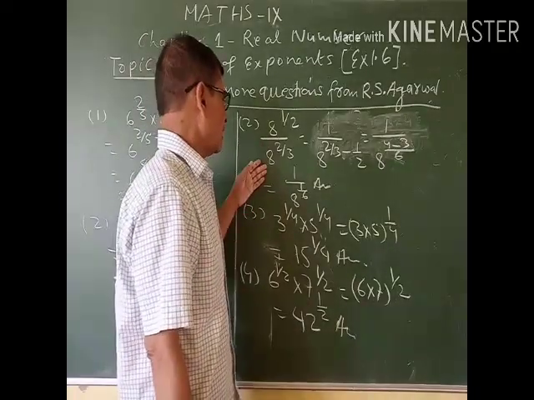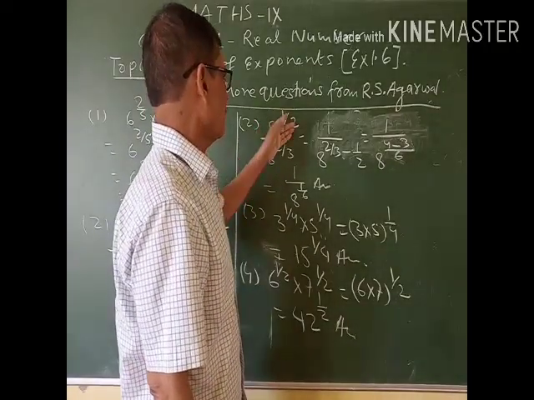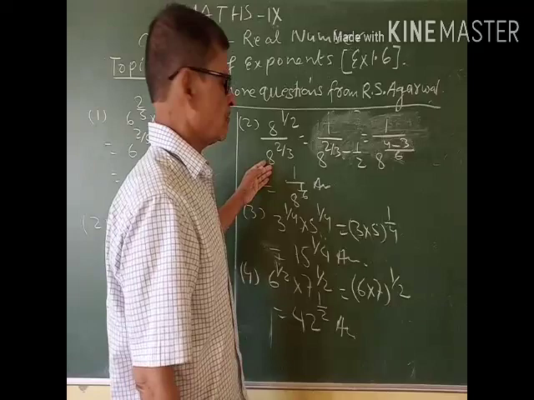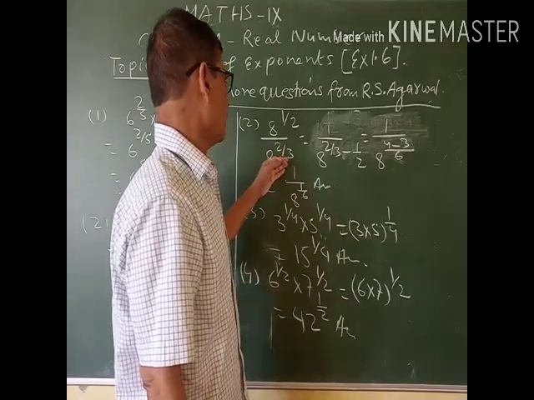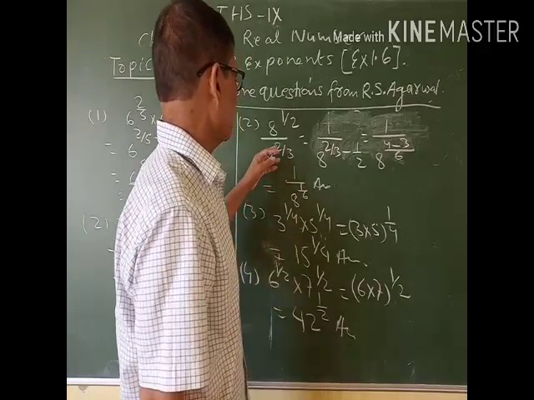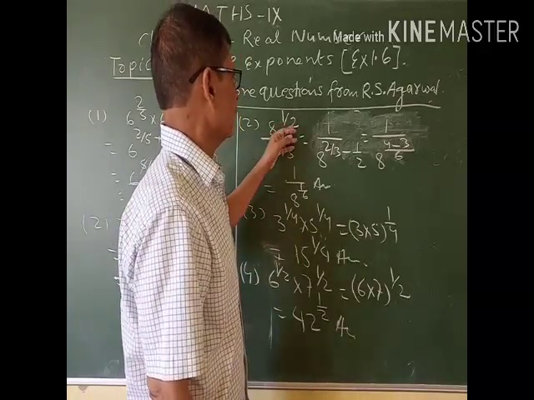Now come to the next question. 8 to the power 1 by 2 divided by 8 to the power 2 by 3. You observe that 2 by 3 is greater than 1 by 2.